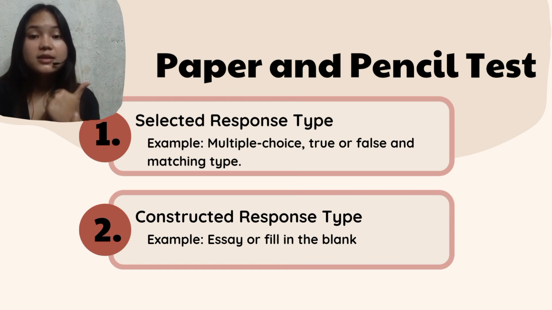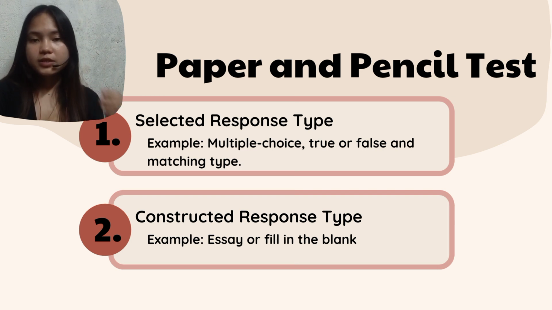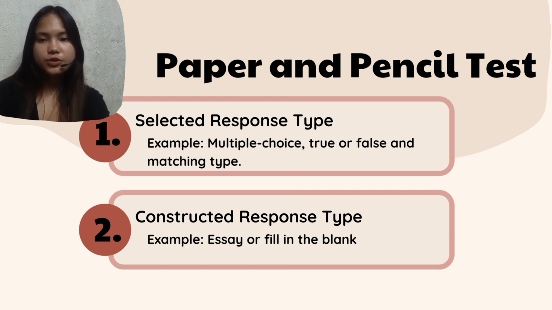First is the selected response type. From the word selected response, it means that the students are provided with choices or options, and all they have to do is to select which among those options is the correct answer. Examples are multiple choice, true or false, and matching type.